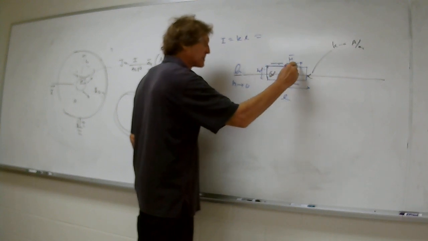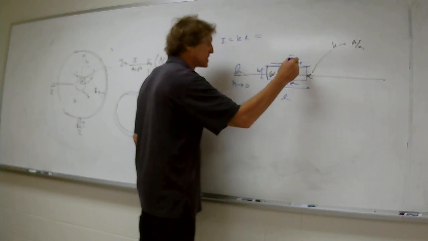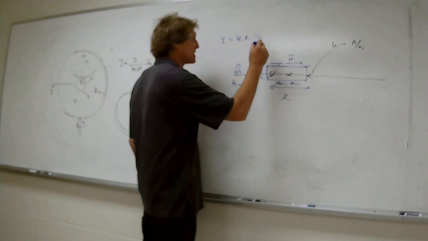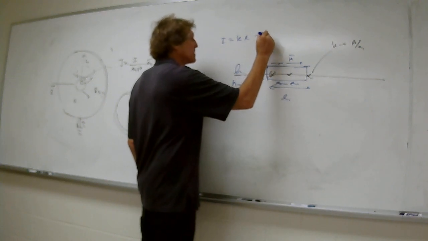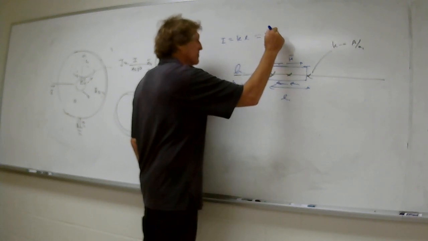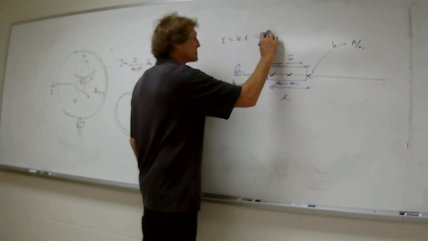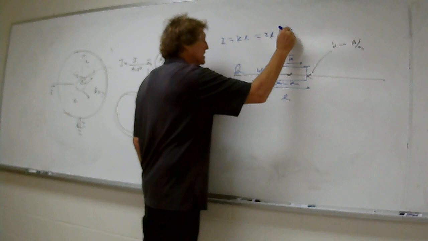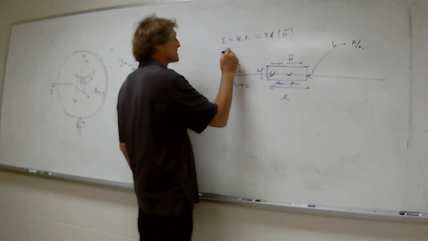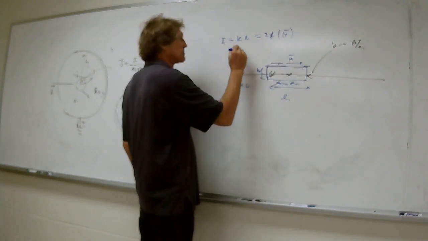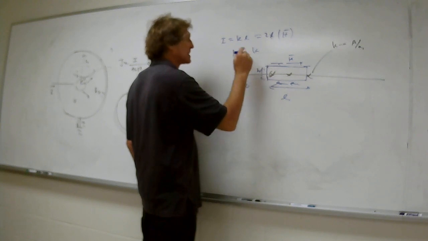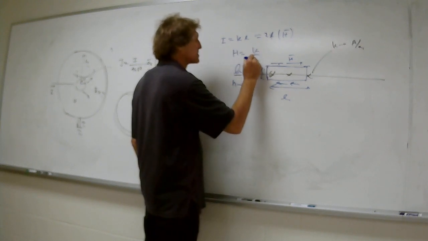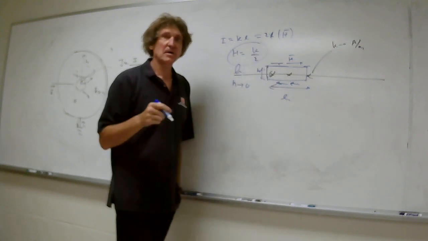The integral of the H field from here to here is H times L, and from here to here is H times L. So it's going to be 2 times L times H. And you can see that means the H field is simply the current density K divided by 2.